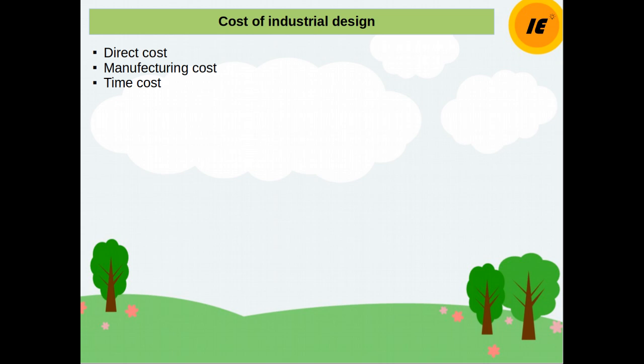To understand that, you have to understand that it has three categories of cost. You can divide your expenditure into three categories: direct cost, manufacturing cost, and of course the time cost. That's also not exactly money, I mean, not direct money.